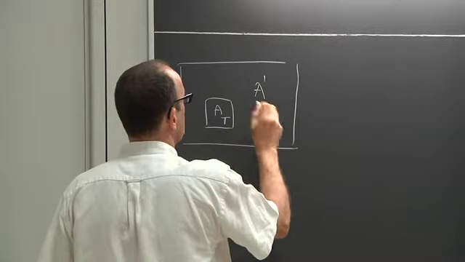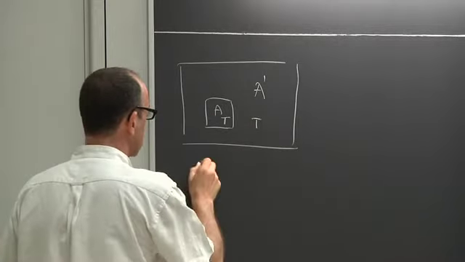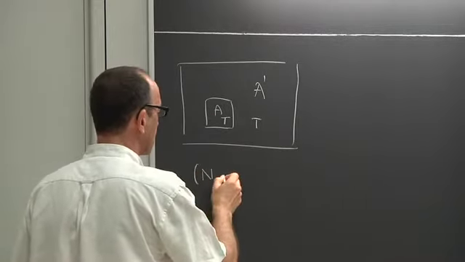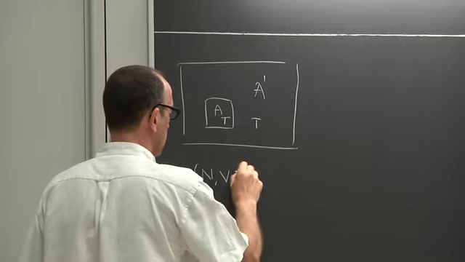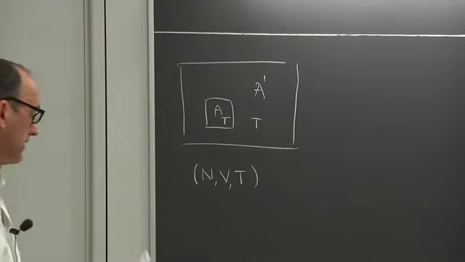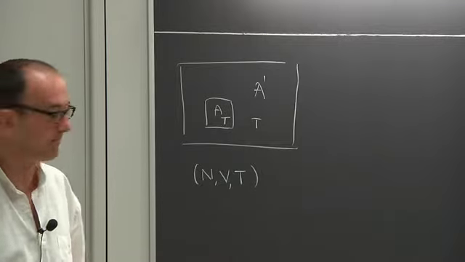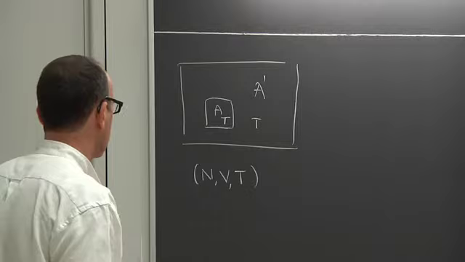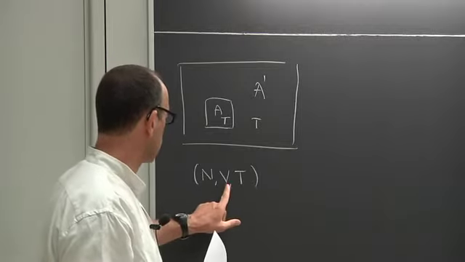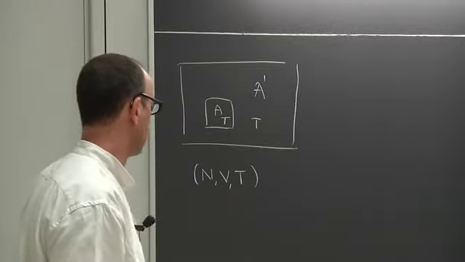Okay. So what we want is a description where the macro state is specified by these three numbers: the number of particles, the volume, and the temperature.